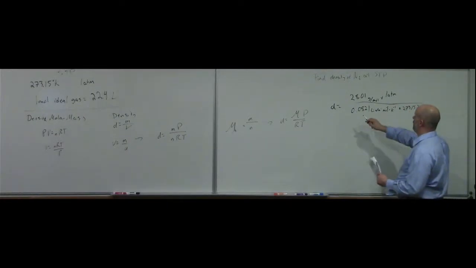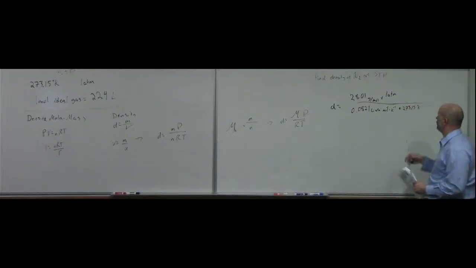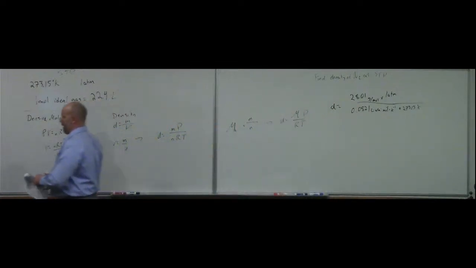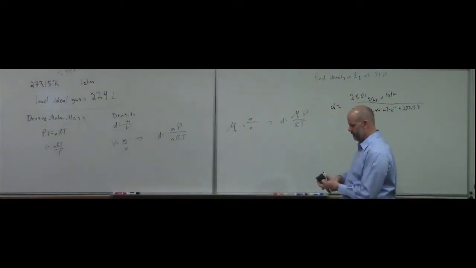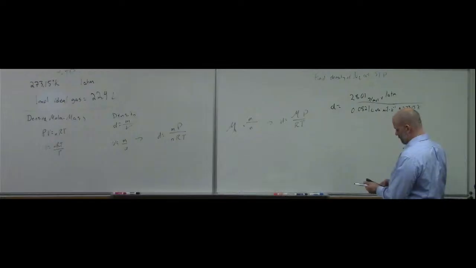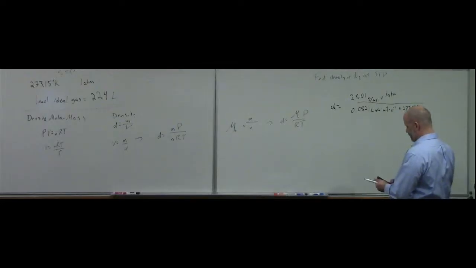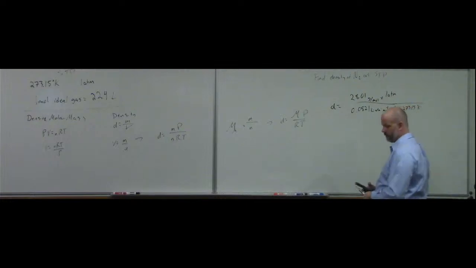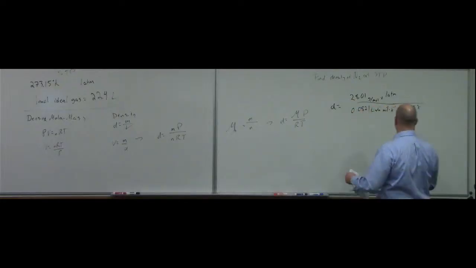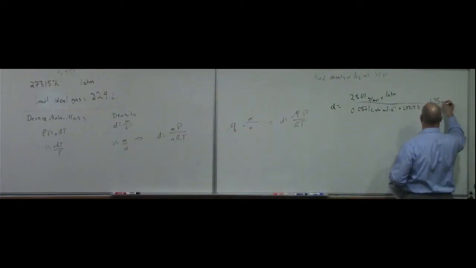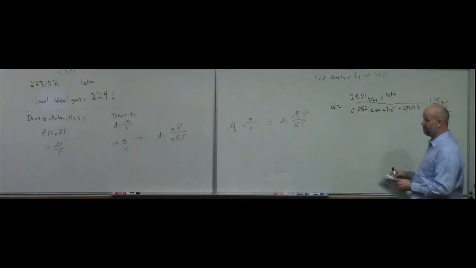When I divide 28.01 by 0.0821 and also by 273.15, what do you get? 1.25 grams per liter. Okay, good.